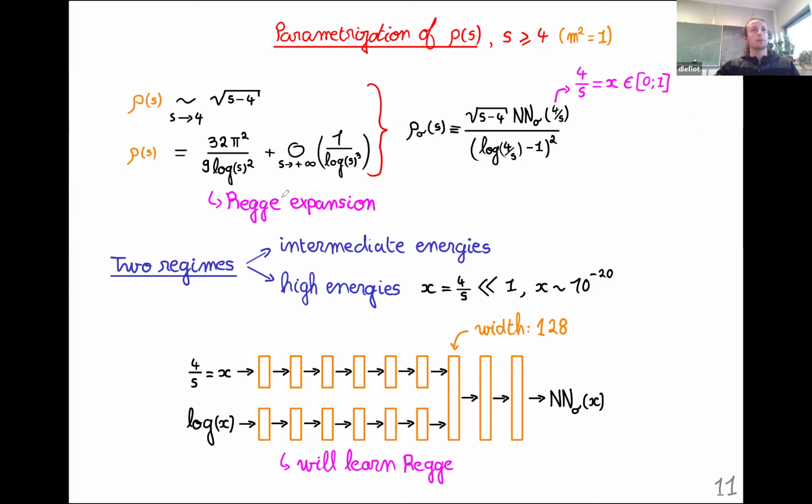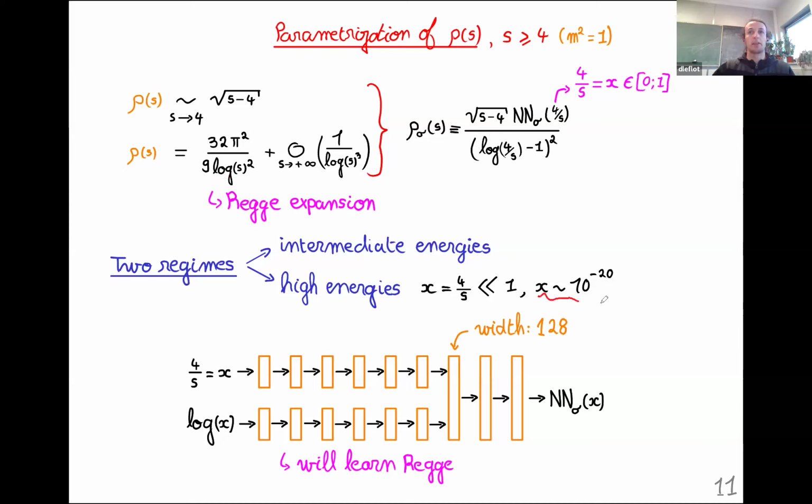Okay. I said that there is a Regge expansion, or actually a high energy expansion. This suggests that the spectral density has two regimes: one intermediate energy regime and one high energy regime. This high energy regime, we expect it to be valid at exponentially high energies, since rho decays extremely slowly.